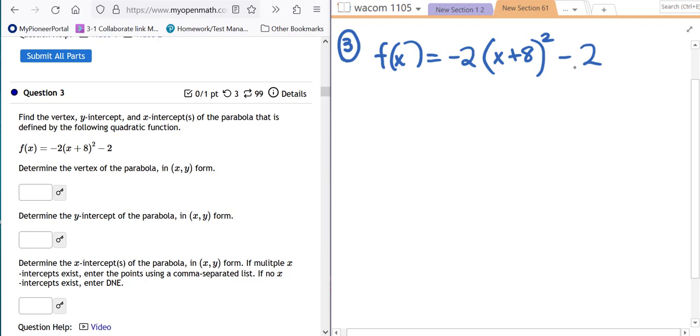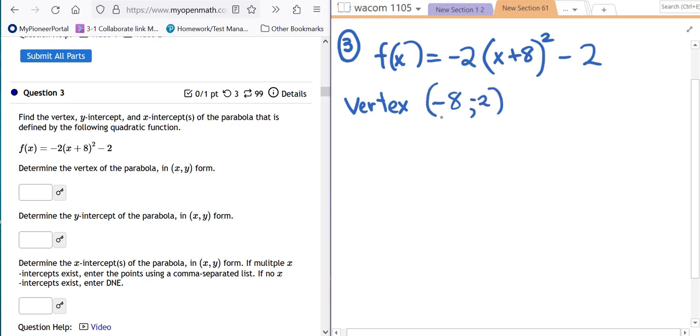You can easily find your vertex here because you're in the proper form. Also, you know that this one turns upside down because of the negative. So our vertex we'll do first, right? This is plus in here, so it's going to be negative 8, and it will be a negative 2.